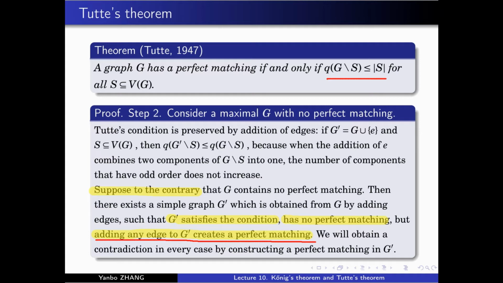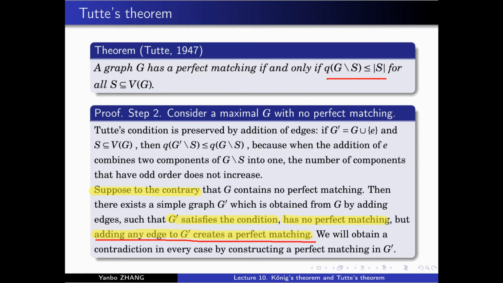Every component has even vertices, so the order of G is even. If we keep adding edges to G, we will get a complete graph of even order. Any complete graph with even order has a perfect matching. So G' is a subgraph of a complete graph of even order and a supergraph of G. Such a G' must exist.